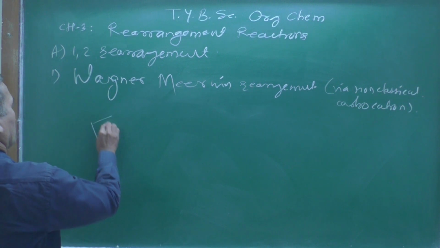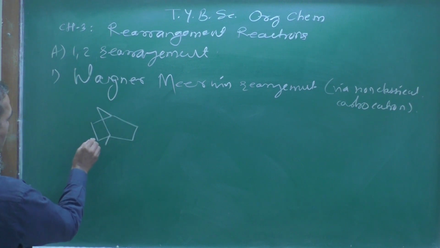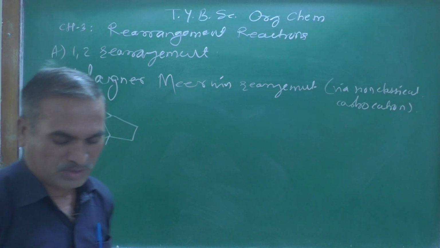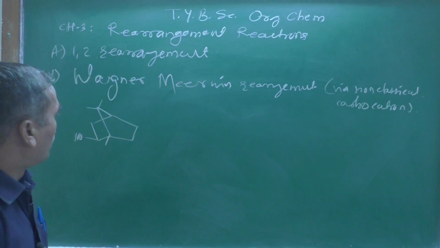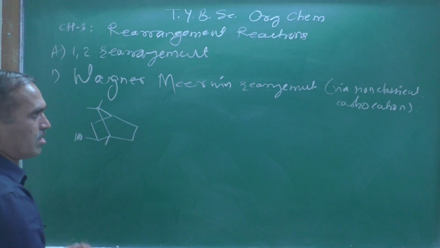The general example we are talking about is this one. Here we are putting an OH group, and here a tertiary group at that position. This is the substrate, the starting compound.